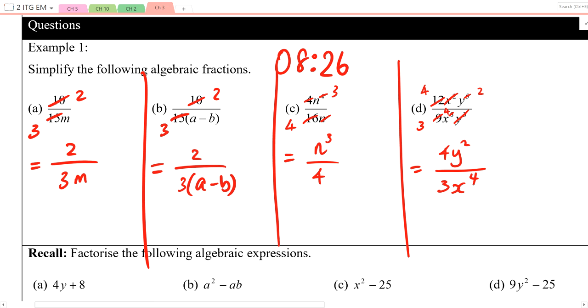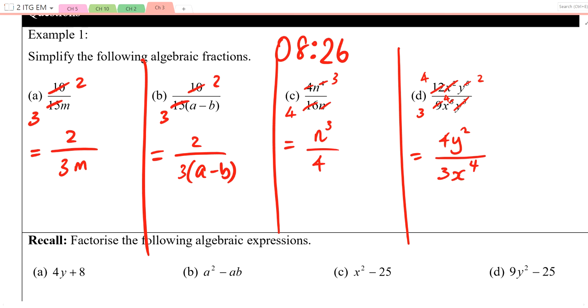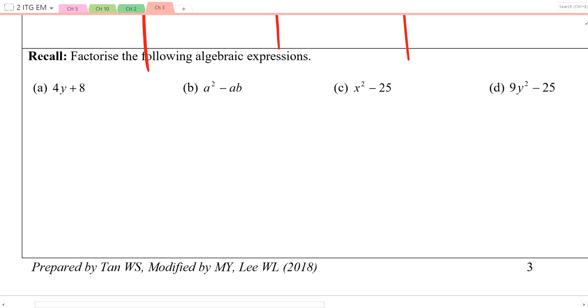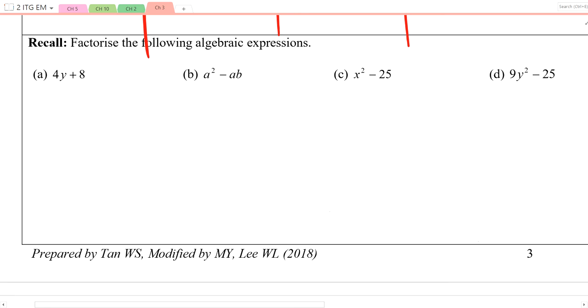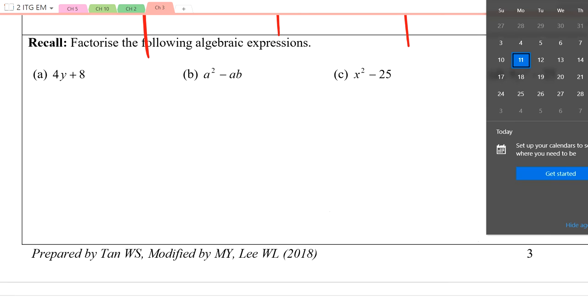Okay, am I right? And are all of you right? Okay, good, good. Okay, now we come to factorization again. How long do you think you need for A to D? 2 minutes? Okay, 2 minutes again, huh? So we'll stop at 8:29.